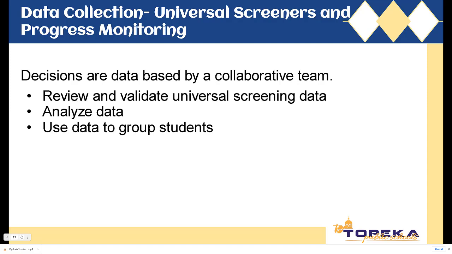How is that data being used to group students? Are students being grouped according to areas needed for improvement, or are they being enriched based on what the data shows? Are we using that data to determine instruction? The data is also meant to help us know where we need to fill in gaps for our students and where students need additional instruction, or where students can be enriched.